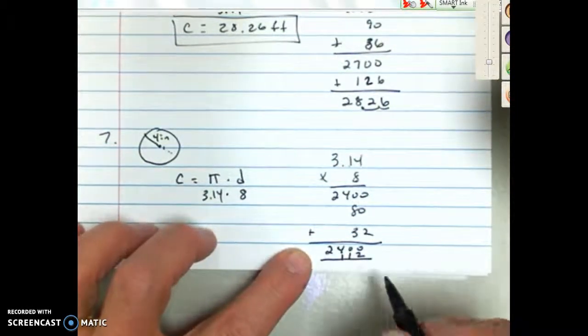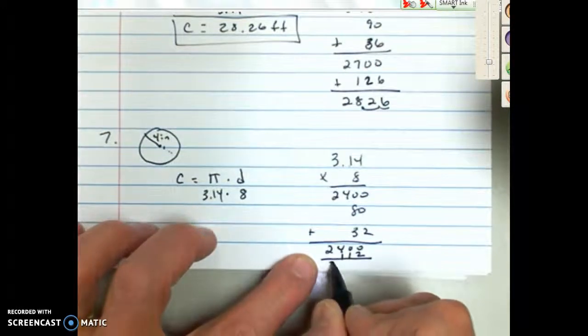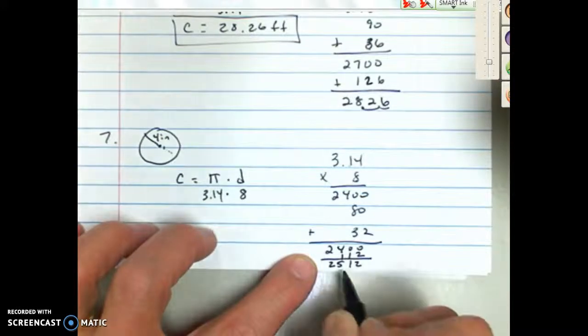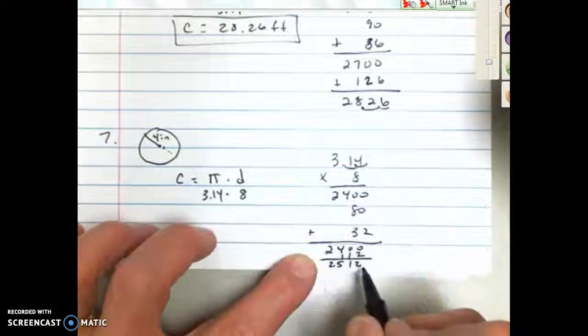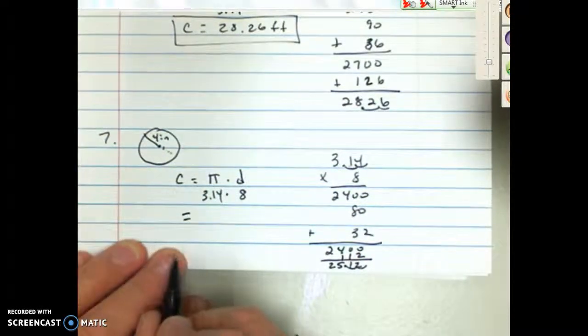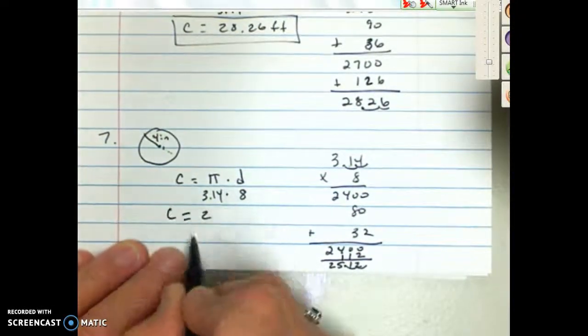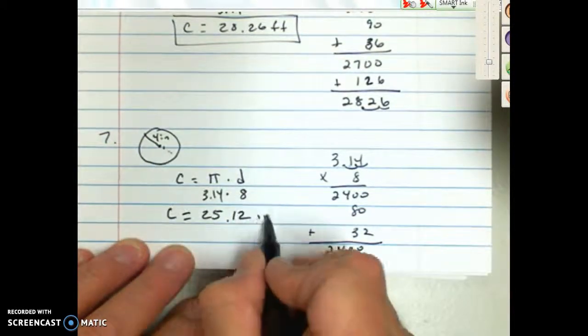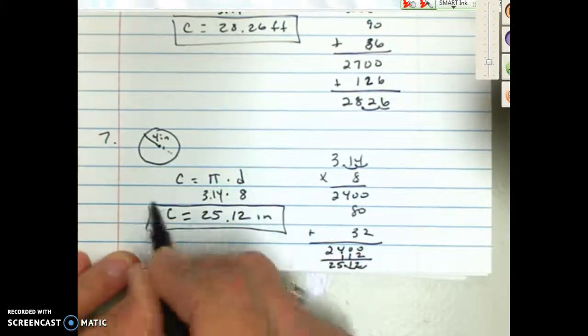I'm going to kind of squish this on the bottom, but I get a final answer of 2512. And the decimal goes 2 places to the left. So our circumference is equal to 25.12 inches. And we box that in.